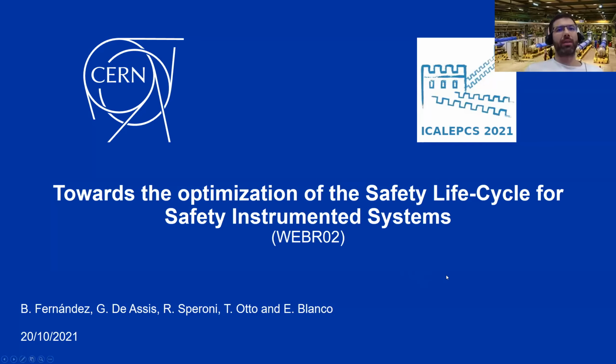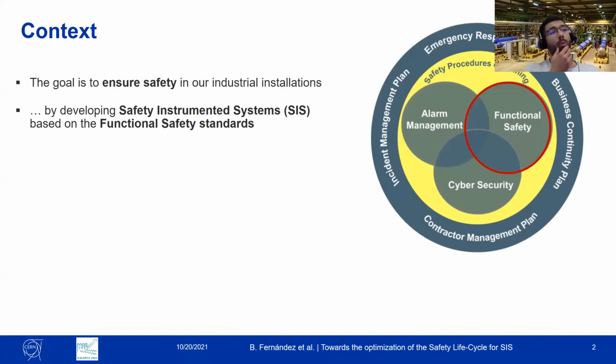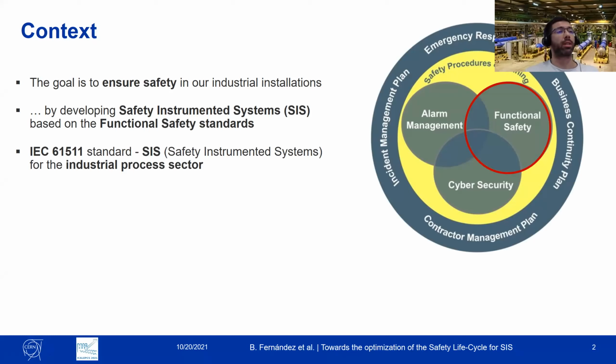I will start giving you some context. Our goal in this project is to ensure the safety of our industrial installations. For that, one of the mechanisms that we have is to develop safety instrumented systems that are based on the functional safety standards. In the industrial process sector, the most appropriate standard that we have is the 61511.